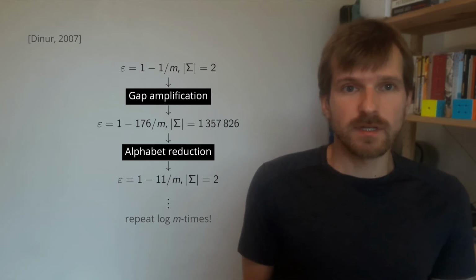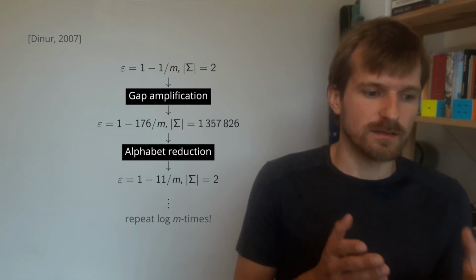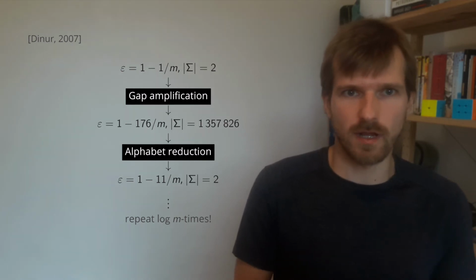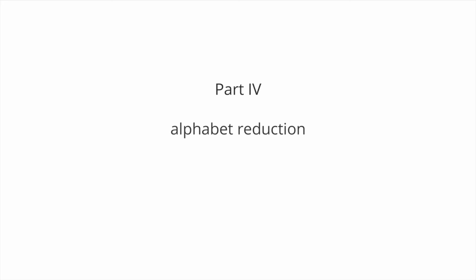But the alphabet reduction is a necessary ingredient to make this whole idea work. So let's get to the alphabet reduction. The contribution of this paper is a new way how to make alphabet reduction. And actually, when I say new, it's not exactly new, because we are just stealing from other people.